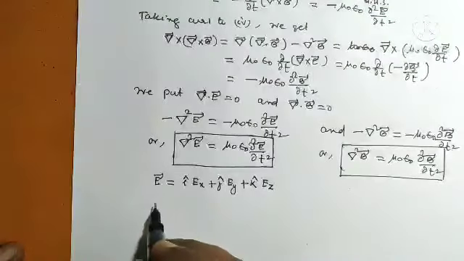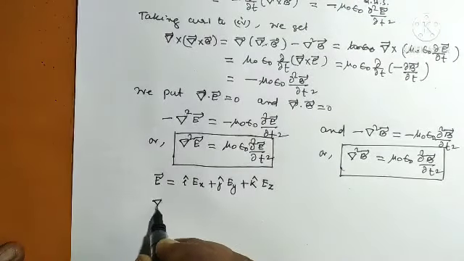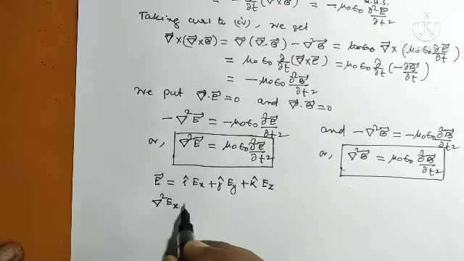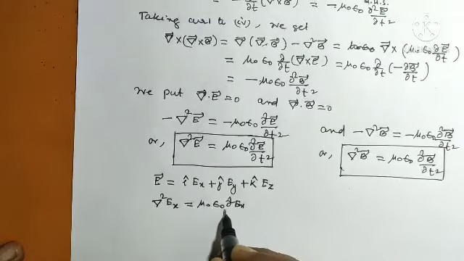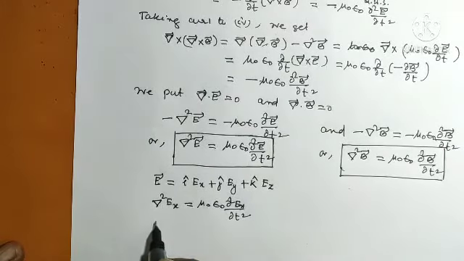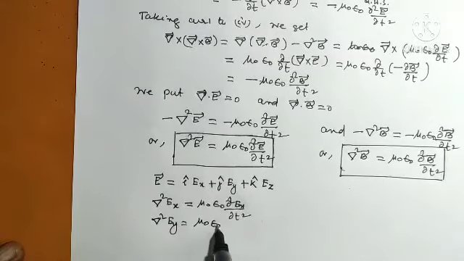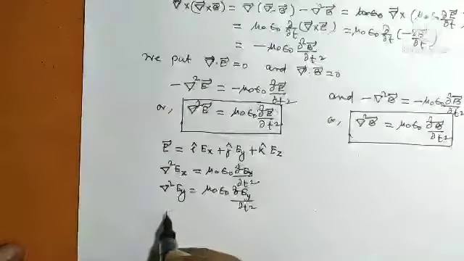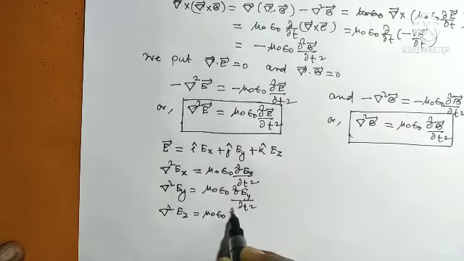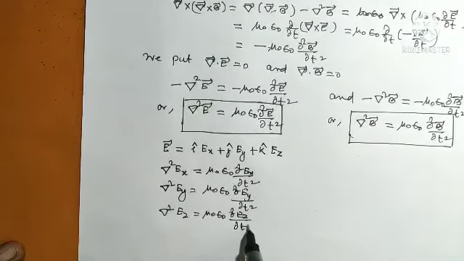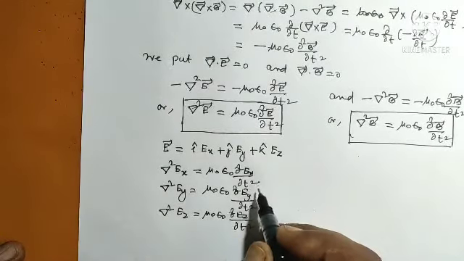So del square E can be written as del square Ex is equal to mu 0 epsilon 0 del square Ex by del t square. Del square Ey is equal to mu 0 epsilon 0 del square Ey by del t square. Del square Ez equal to mu 0 epsilon 0 del square Ez by del t square. So these are the three components.